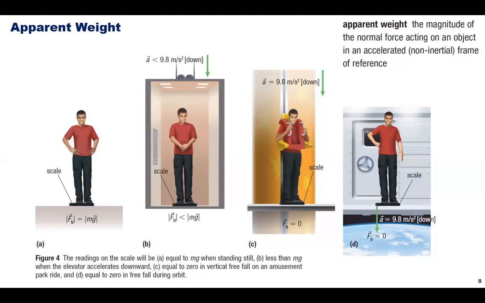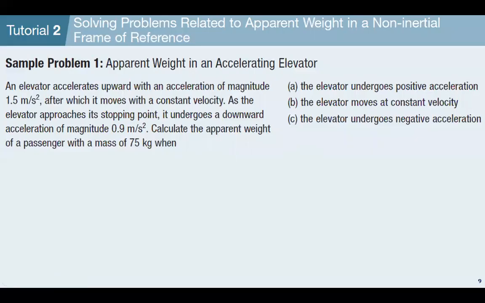Okay, next, let's have a look at another tutorial in which we'll learn how to solve problems that involve the apparent weight of an object in a non-inertial frame of reference. So let's consider this problem here. An elevator accelerates upward with an acceleration of magnitude 1.5 meters per second squared, after which it moves with a constant velocity.